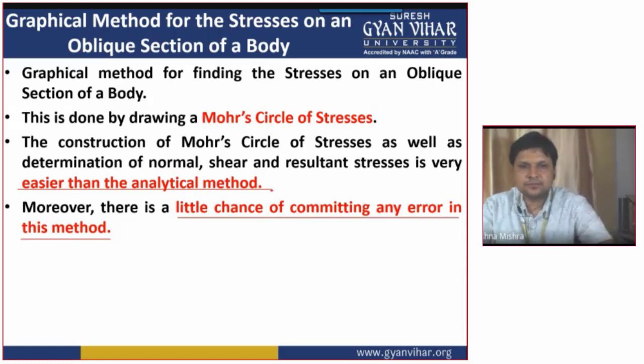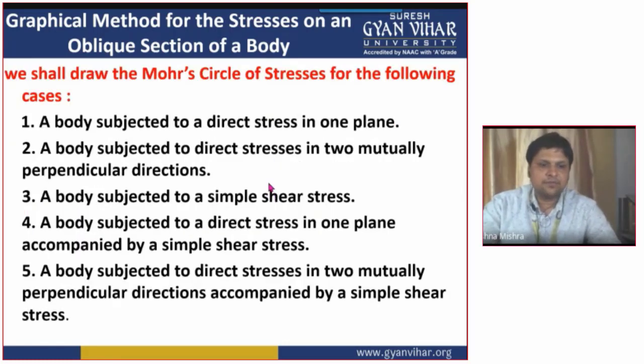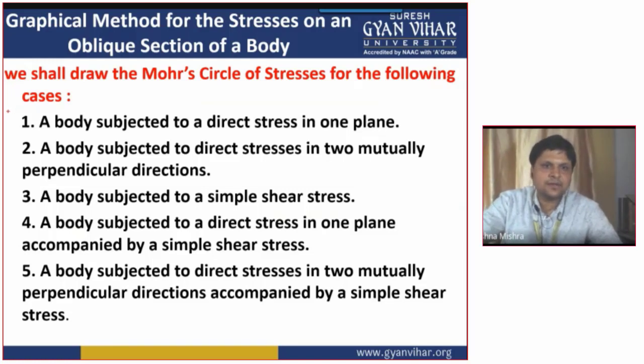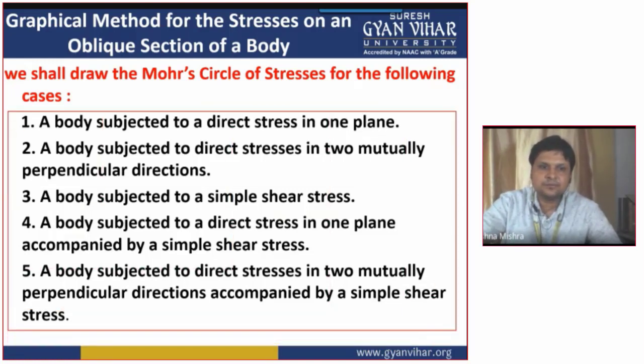So let's see the cases which we are going to discuss, students. Some of the cases I will discuss in today's video lecture, and the remaining cases we will discuss in the coming video lecture. So what are the cases? The first case is the body subjected to direct stress only in one plane.